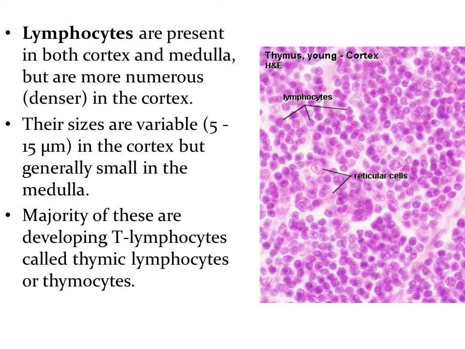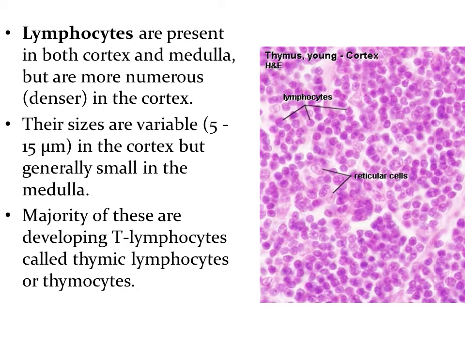Their sizes are variable in the cortex but are generally small in the medulla. Lymphocyte sizes are variable in the cortex because when the lymphoblast comes from the bone marrow, it is larger in size than the lymphocytes. Lymphoblast is larger in size than the lymphocytes.